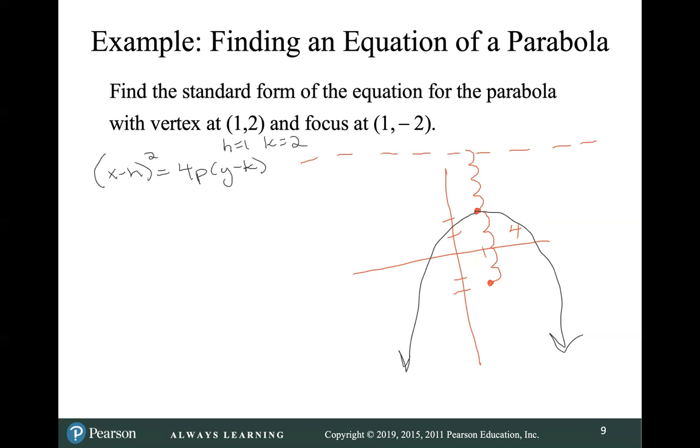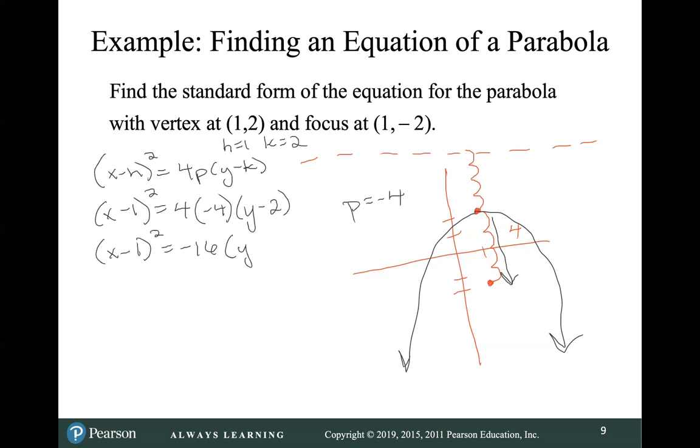Substituting here, I have x minus 1 squared equals 4 times p, and our p value goes down 4, so p equals negative 4, times y minus 2. So this is x minus 1 squared equals negative 16 times y minus 2. We're going to leave it like that so that we can see all of the components of our parabola.